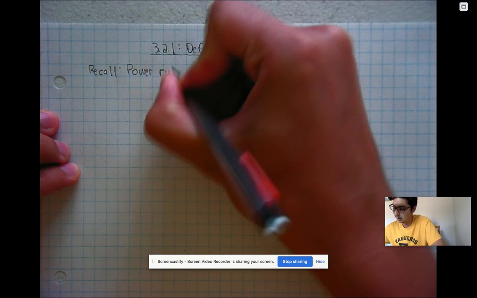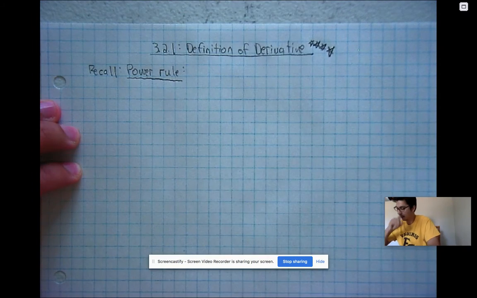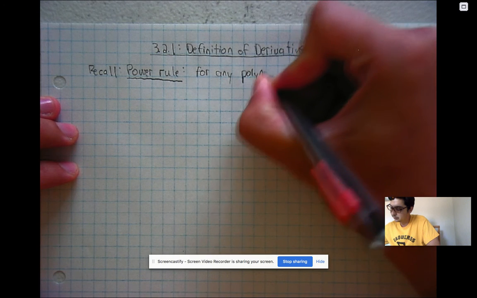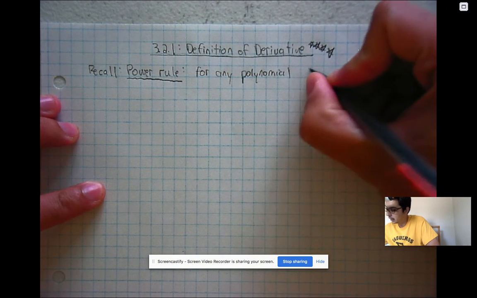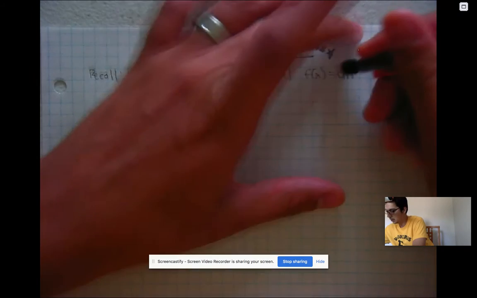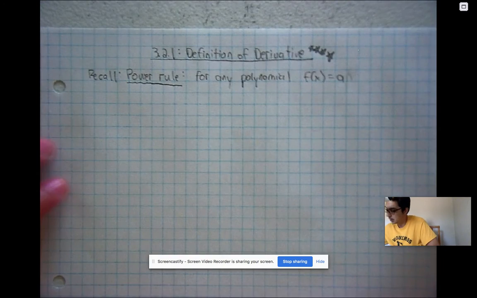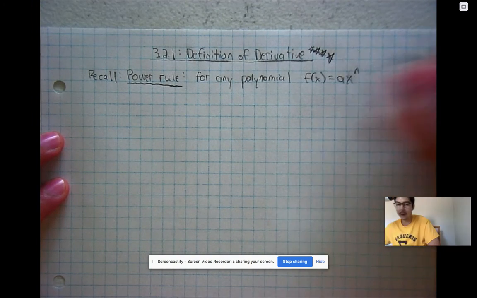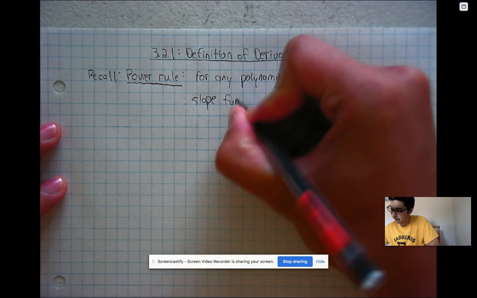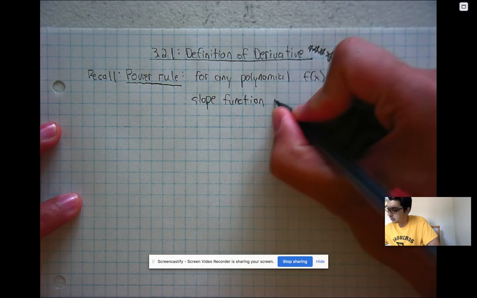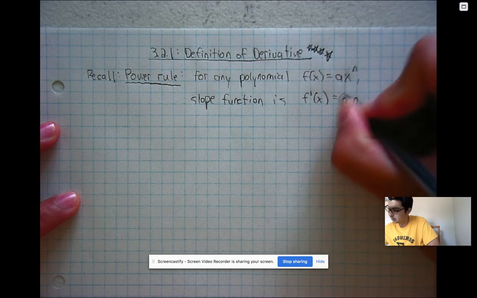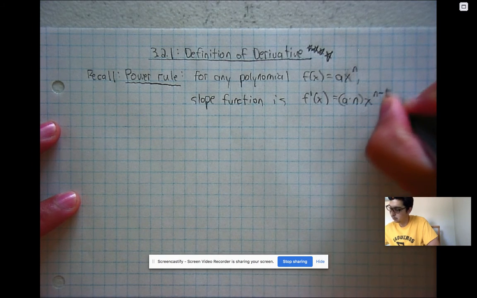And we learned in the last video that the power rule says for any polynomial f of x equals a times x to the nth power, the slope function is f prime of x is equal to a times n x to the n minus 1 power.